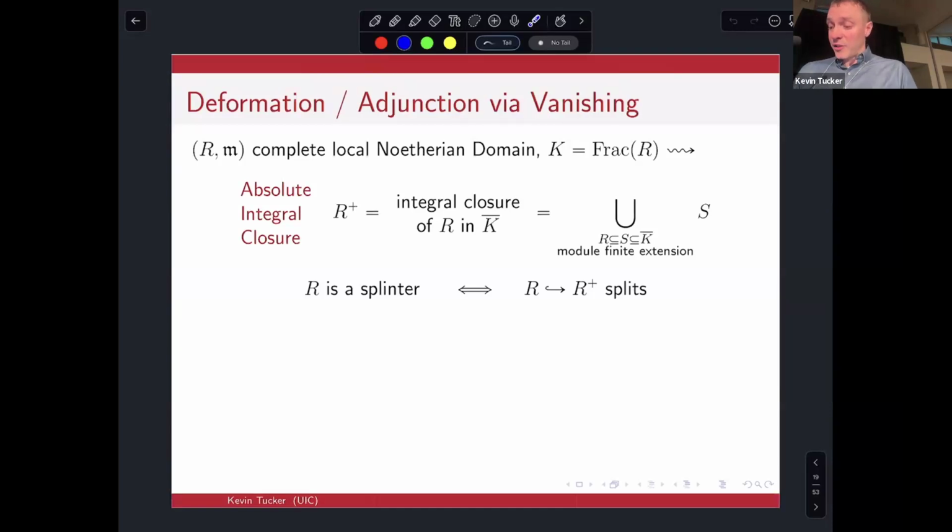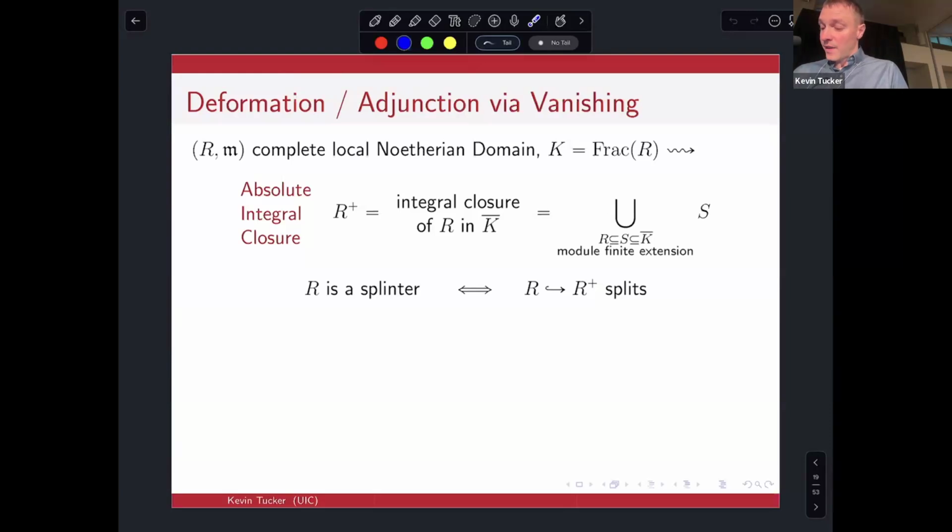Let's say R is a complete local domain and has fraction field K. I can look at the integral closure of R in an algebraic closure of its fraction field. That's called the absolute integral closure and generally denoted by R^+. You can think of that as being the union of all of the module-finite extensions of R inside of this algebraic closure of the fraction field.